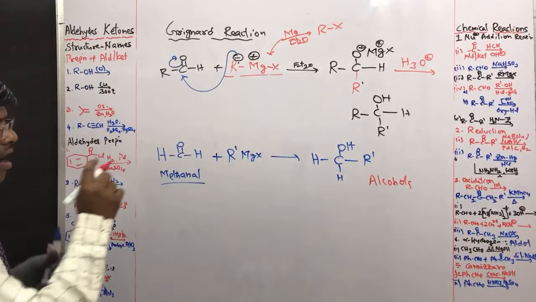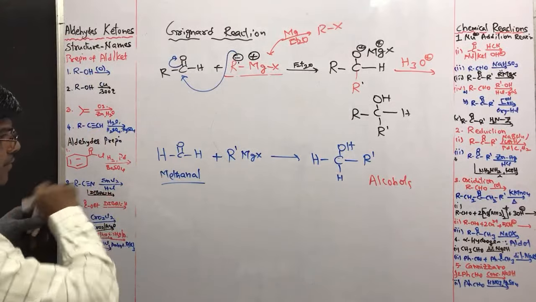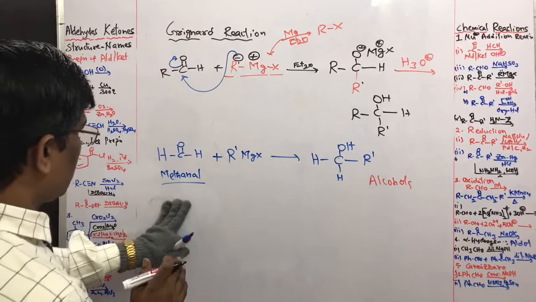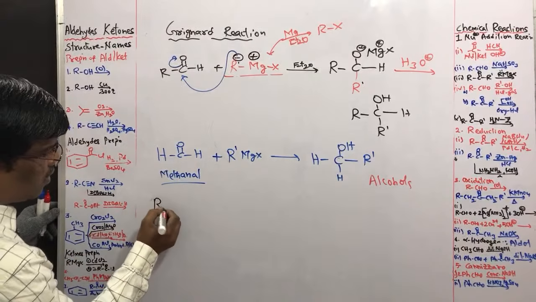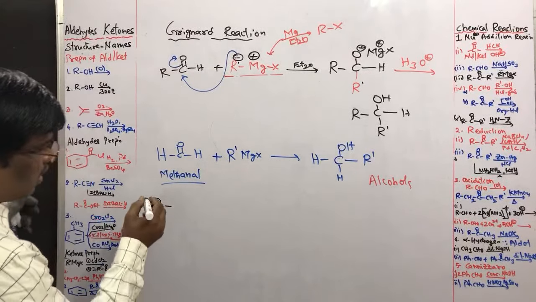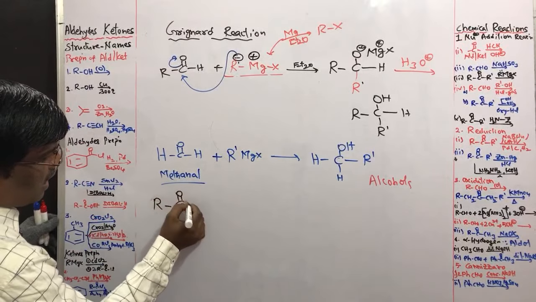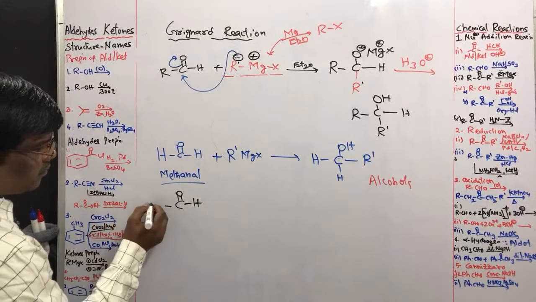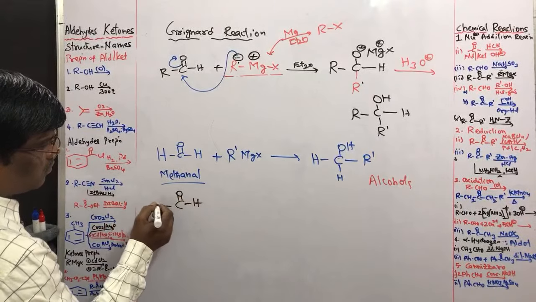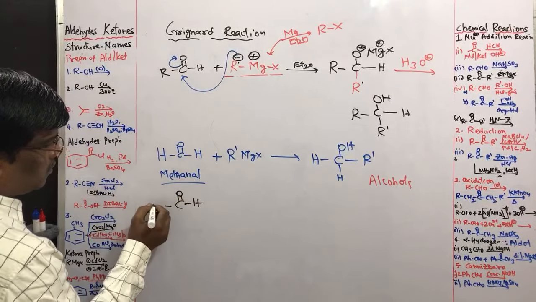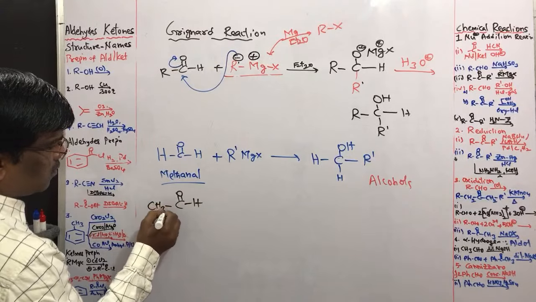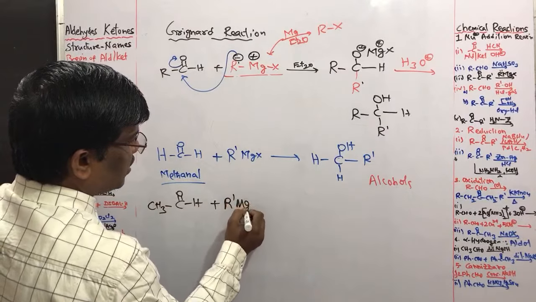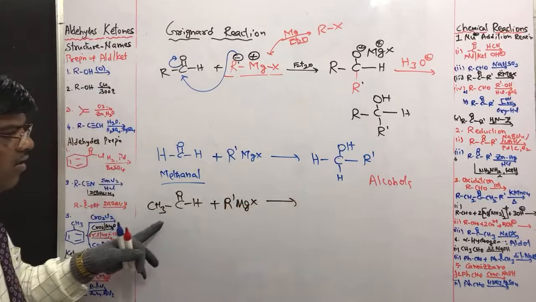So only formaldehyde can give primary alcohols, and for the remaining aldehydes, let me take a specific example: CH3, acetaldehyde. When I do the RMgX reaction, what is this?